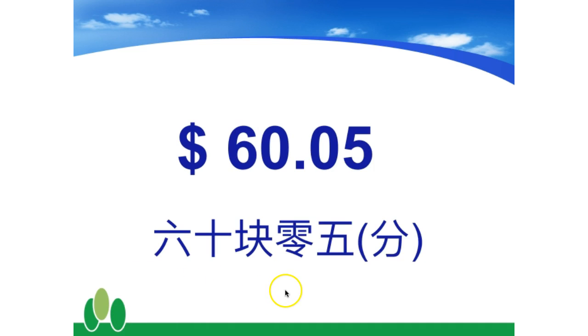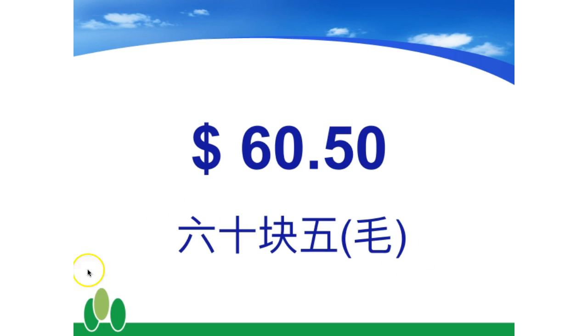60块05, $60, and then we need a zero. This is very important. We need a zero here to act as a placeholder. 60块05 or 60块05分钱. 60块5, $60, 60块, and then just 5, which implies 5毛, which implies 5 dimes, 50 cents.